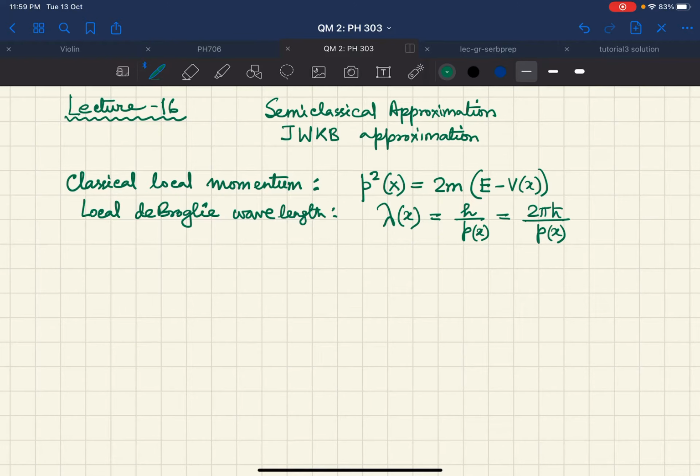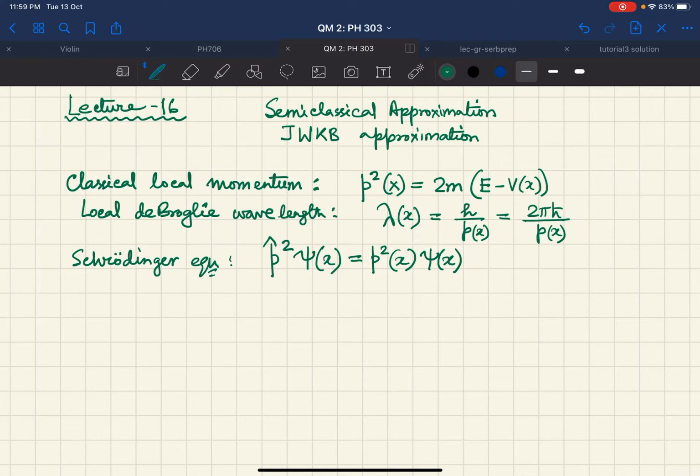And we also had seen that in this approach, the Schrodinger equation takes the form p operator squared psi of x is equal to p squared of x times psi of x.